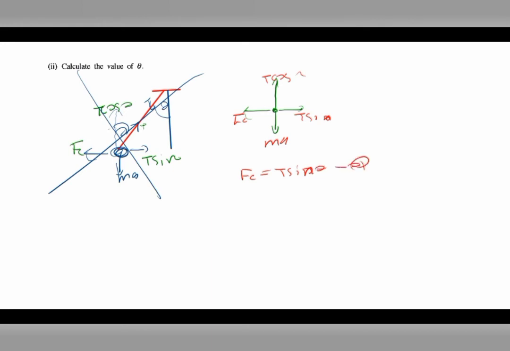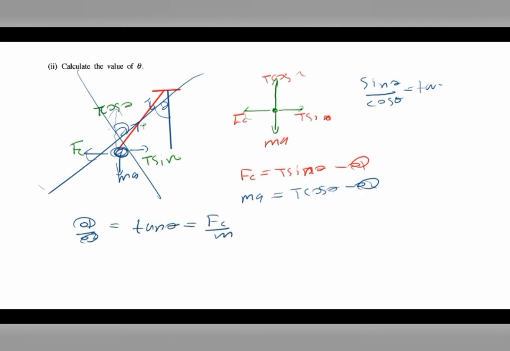And in the next one, mg is equal to T cos theta, number two. As you know that sin theta over cos theta is equal to tan theta, so I can divide the first one by the second one, number 1 over 2. So my answer is tan theta is equal to Fc over mg.